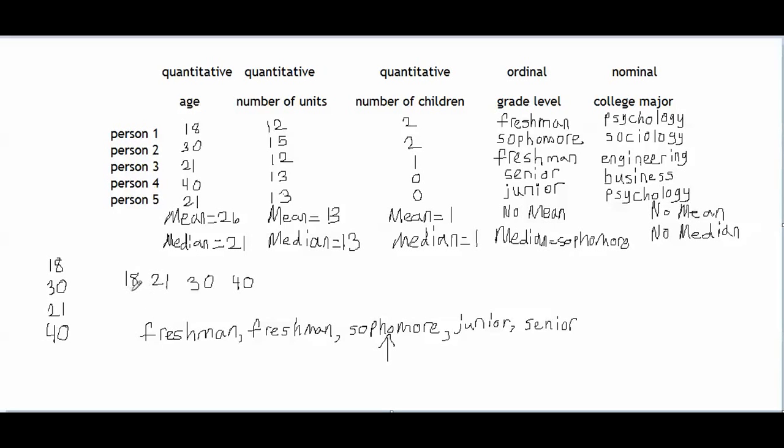Whenever you have an even number of numbers, you have 2 middle values. How can we find the median if we have 2 middle values? What you do is you add the 2 middle values and divide the total by 2. You find the mean of the 2 middle values.